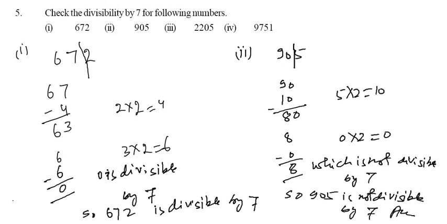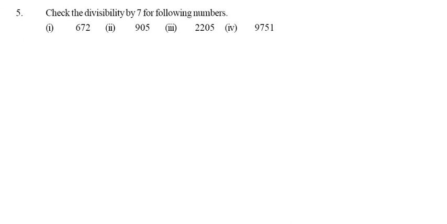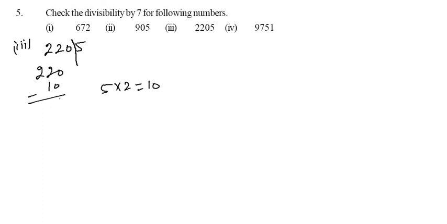Let us see the next two numbers. Now come to the third part. The third part is given as 2205. It is divided into two parts: 5 into 2 is 10, and here is 220, and now 10 is subtracted from this. So we get 210.